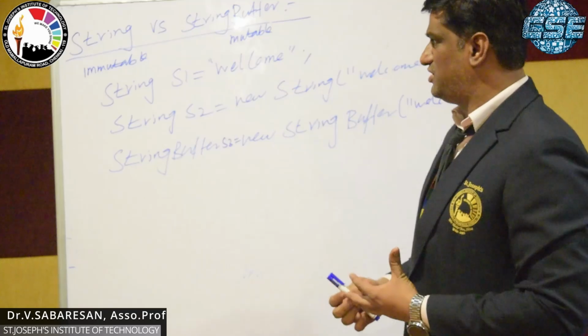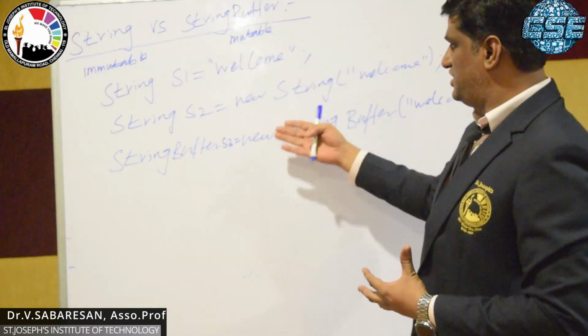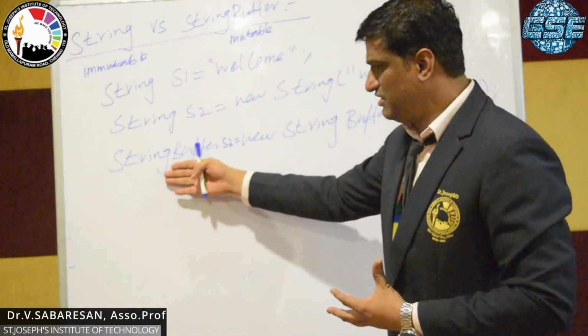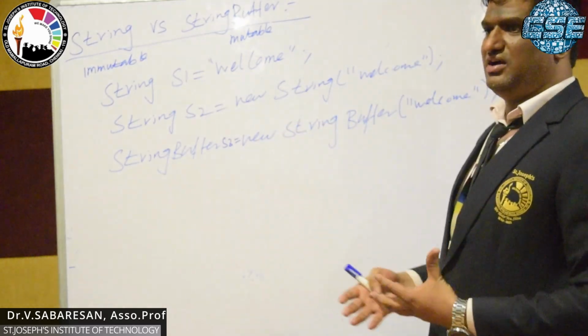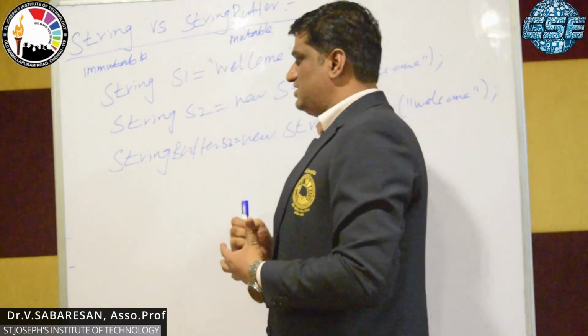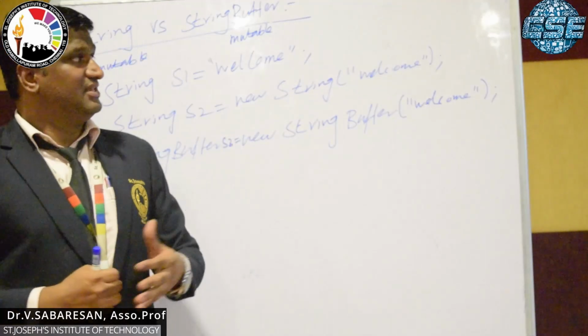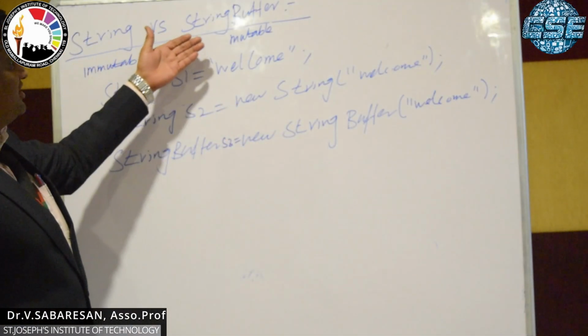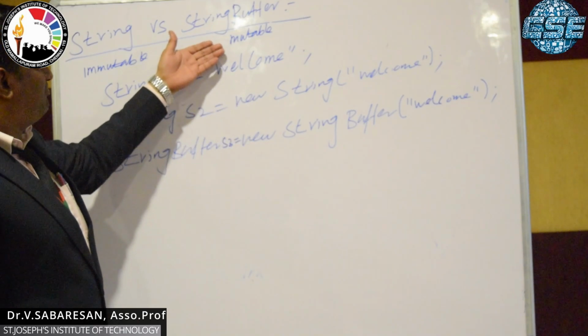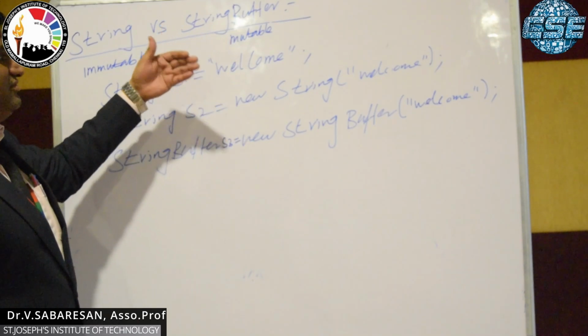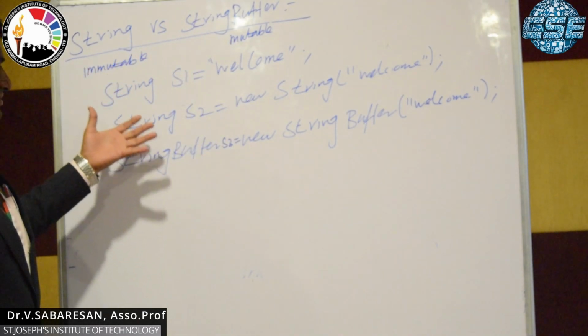That is called immutable. A StringBuffer changes the value, and the only way to store it is with the new keyword, in heap memory. So it consumes less memory, it prints the value, and it is efficient and very fast compared to String classes.